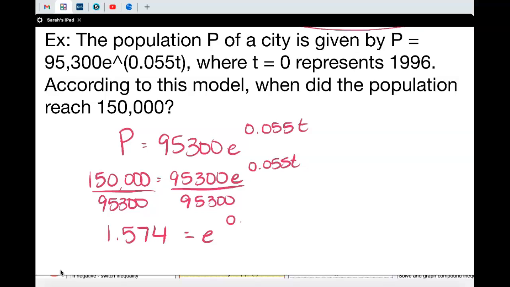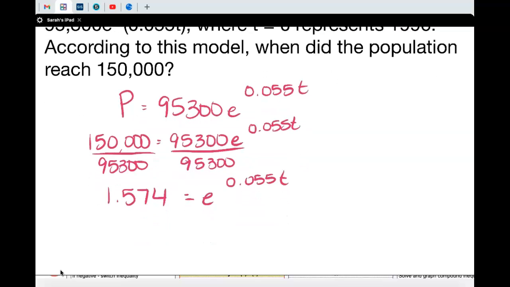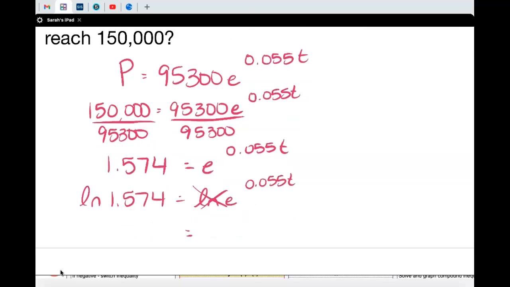Okay. And then what do we need to do? So, say natural log and cancel. I have no idea what natural log is.